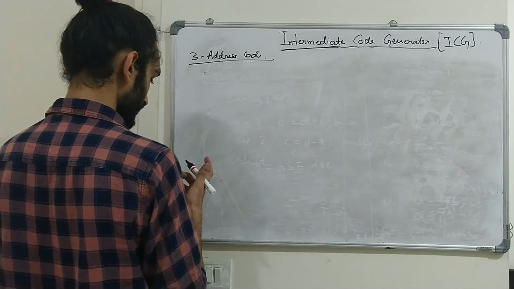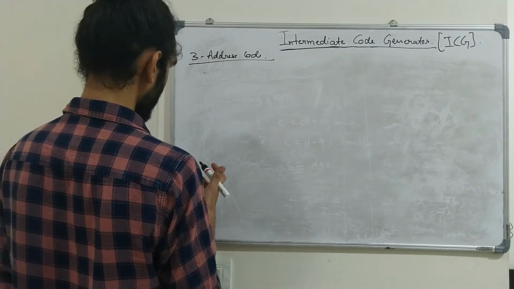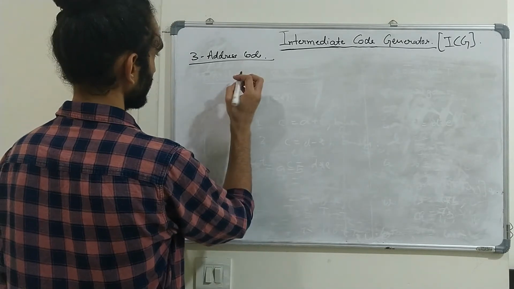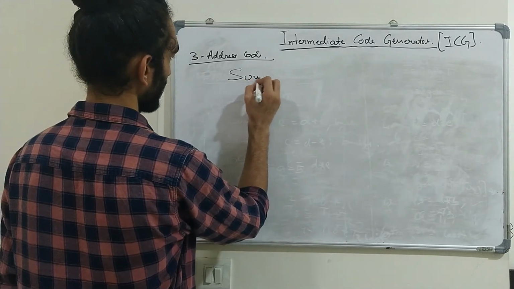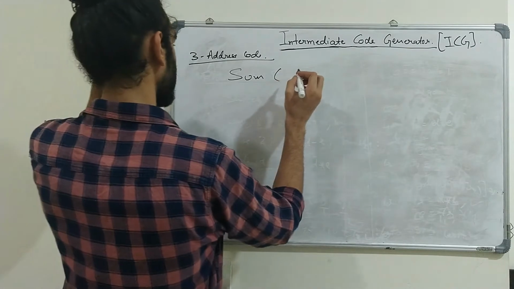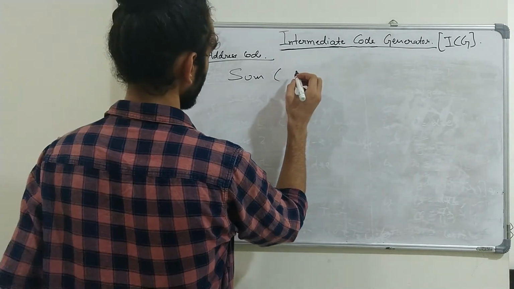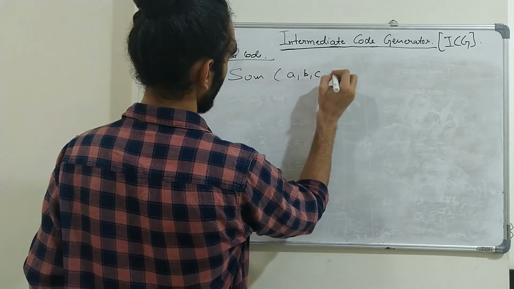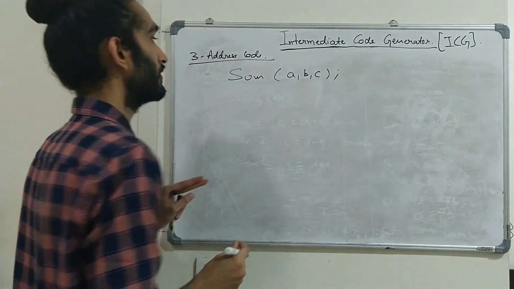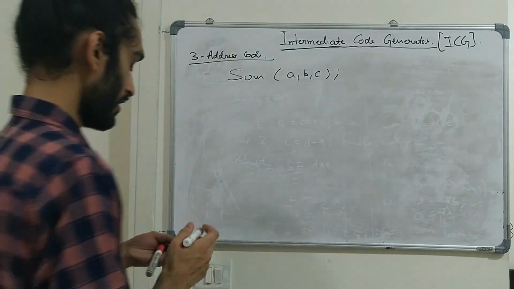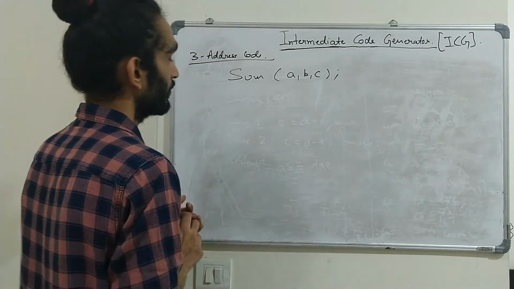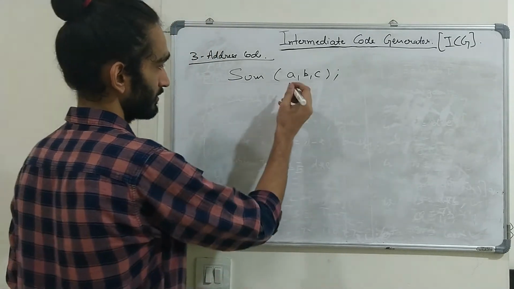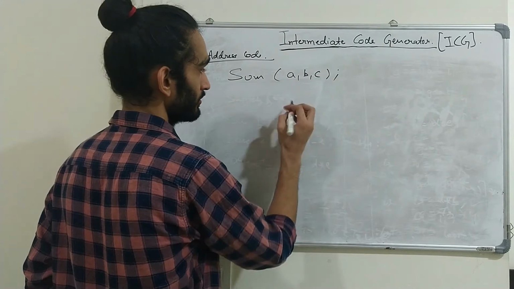So functions, procedures. Suppose there is one function called sum which takes 3 parameters, a, comma b, comma c. If this function is being called, the kind of 3 address code I am going to write is this: I am simply going to assign all these 3 values to temporary variables.